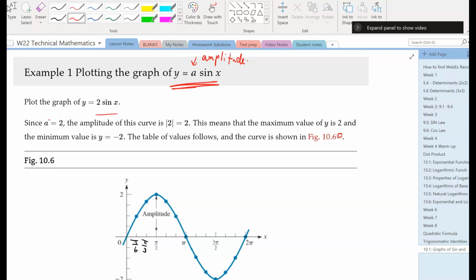And if you notice the order of operations, first you would take the sine of x and then you would multiply it by 2. So for example, remember pi over 6, which is 30 degrees. It was 1/2 times 2, which is 1. And that's why we're at 1 there.